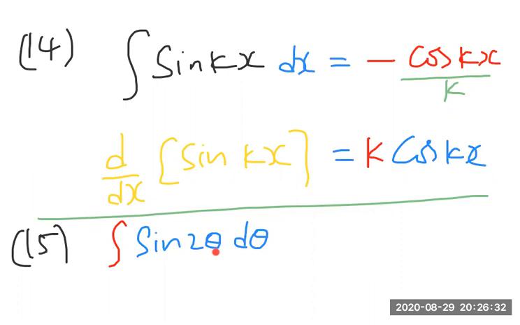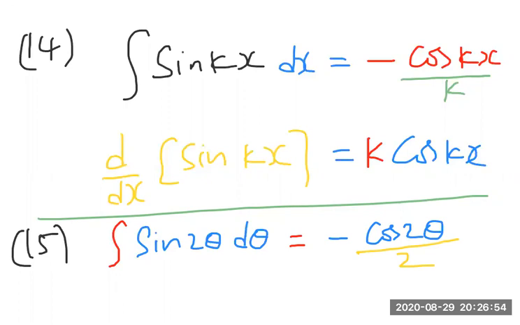Theta is the variable, but 2 is constant. So I can write it simply as minus cos 2 theta by 2, minus cos 2 theta whole by 2.